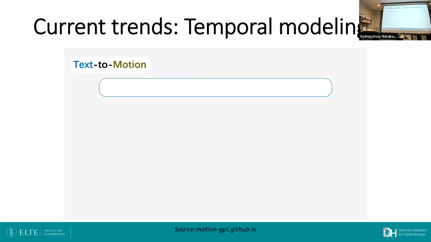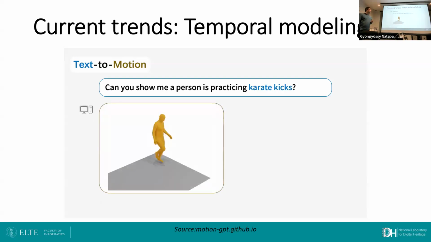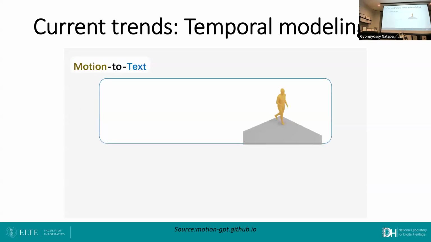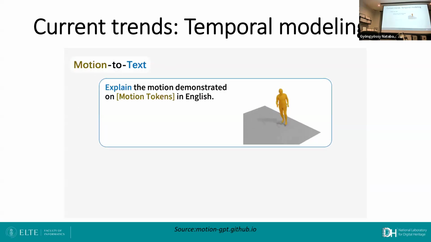And the same goes, for example, for the temporal modeling of text to motion models, where you can just zero-shot ask it to show karate kicks, and then it will generate all the frames that are needed. You can also ask it to explain whatever motion it can see. So this is really strong in case of behavior analysis, basically.